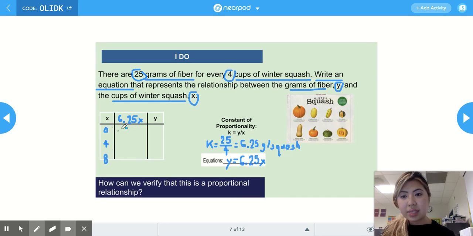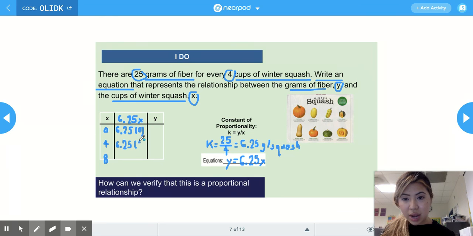And so when x is 0, we're multiplying 6.25 by 0. When x is 4, we're multiplying 6.25 by 4.